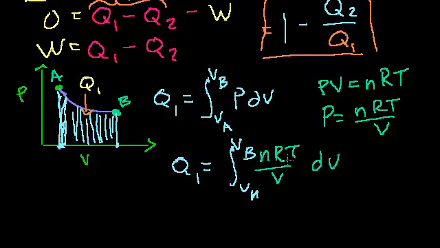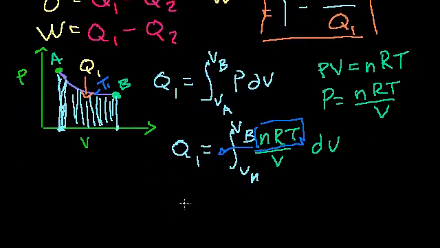All of this stuff up here, these are all constants. Remember, we're on an isotherm. Our temperature isn't changing. We could write T1 there because we're on a T1 isotherm, touching the T1 reservoir. But this is all a constant, so we can take it out of the integral. We've evaluated this multiple times, so I won't go into the mechanics of the integral. So Q1 is equal to our constant terms, nRT1, times this definite integral.